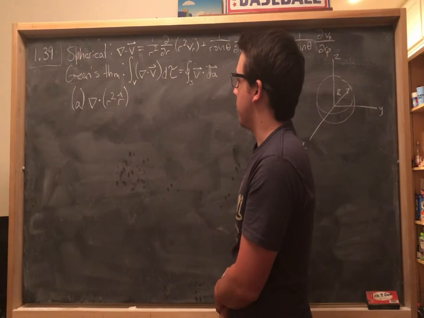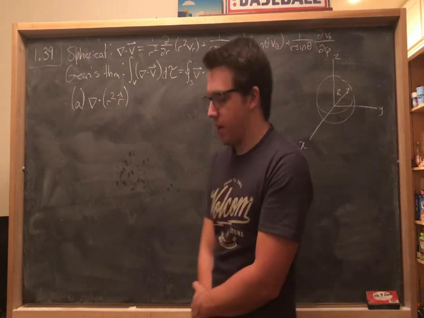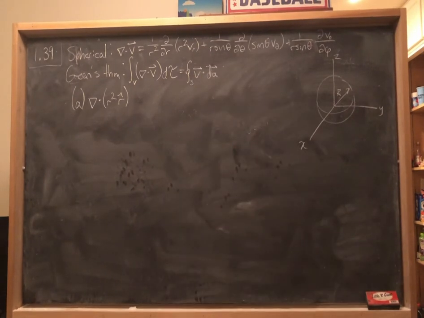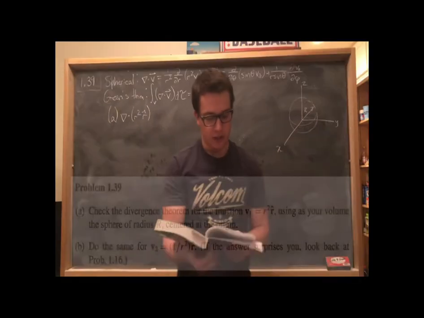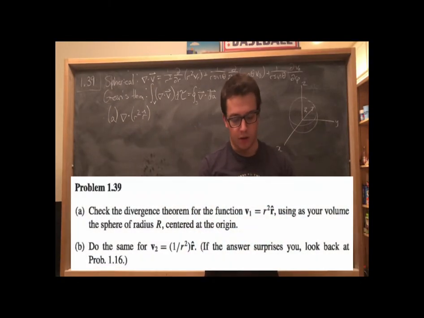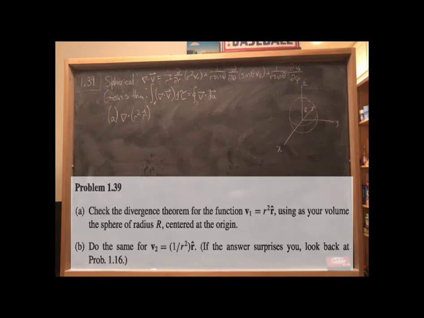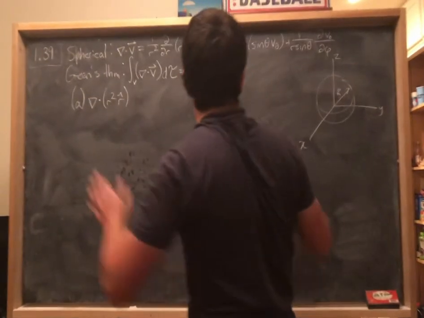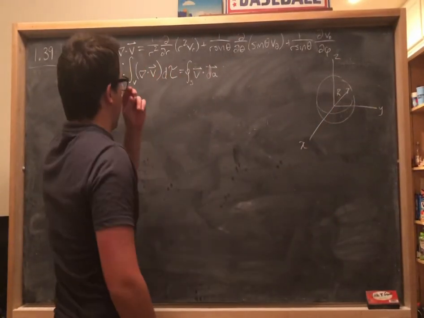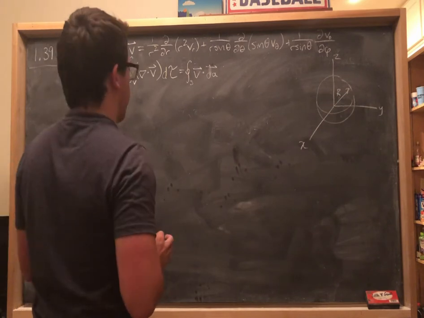So for problem 1.39, part A asks us to check the divergence theorem for the function v1 equals r squared r hat, using as your volume the sphere of radius r centered at the origin, or ball. So we're going to need a couple things.